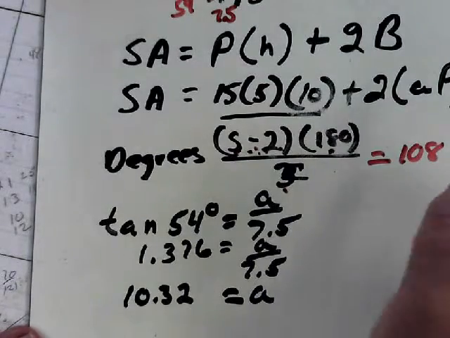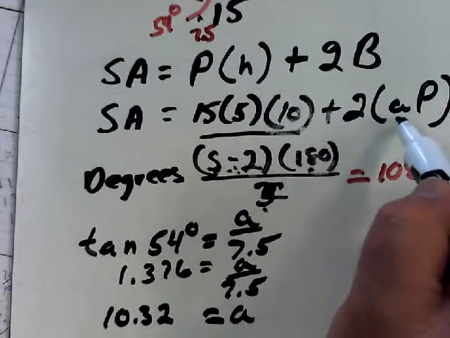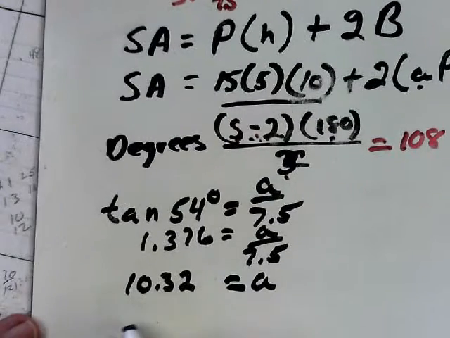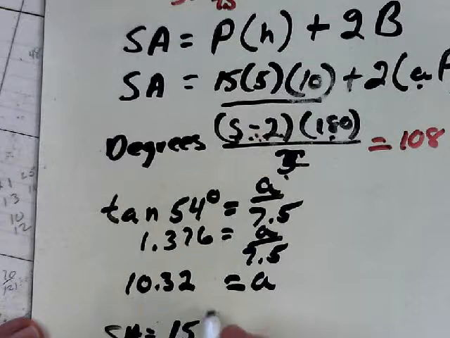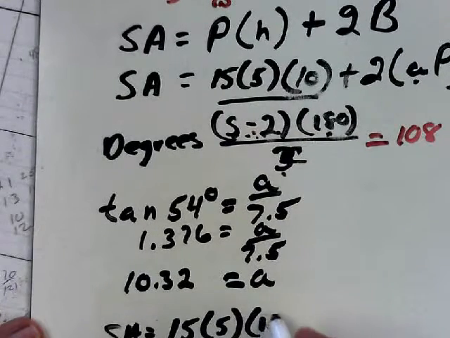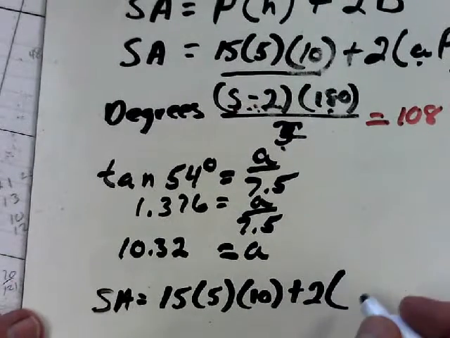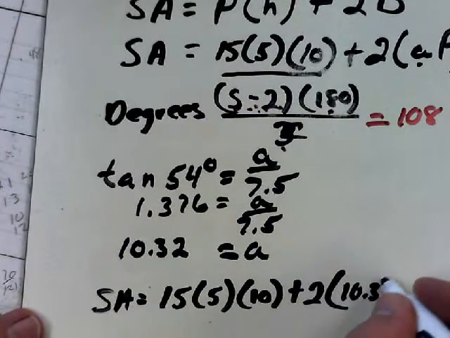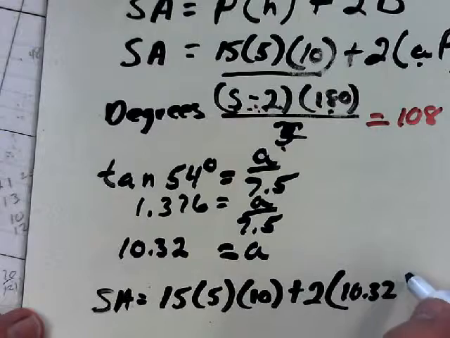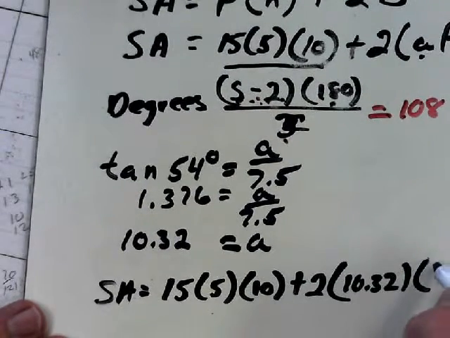So can I complete this formula that's up here now? Okay, so the surface area would equal 15 times 5 times 10 plus 2 times the apothem, which is 10.32, times the perimeter, which we have already found.